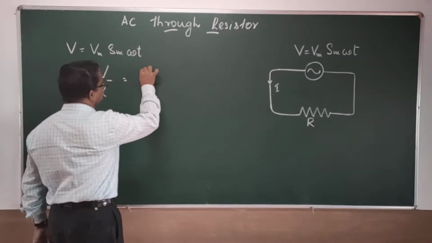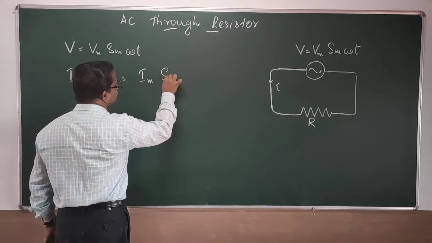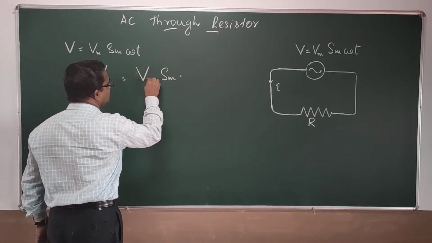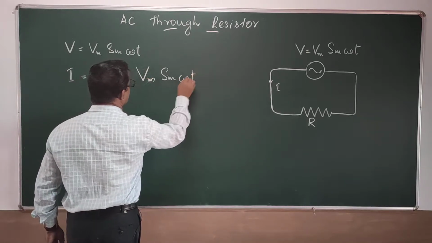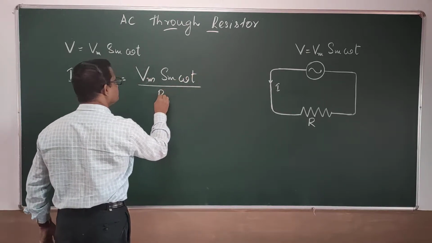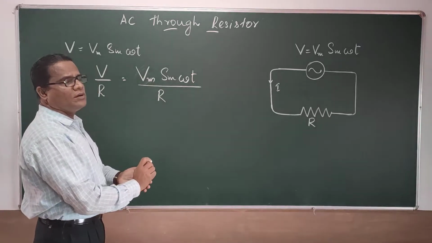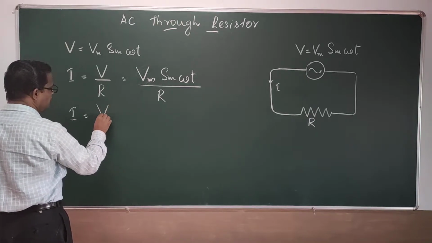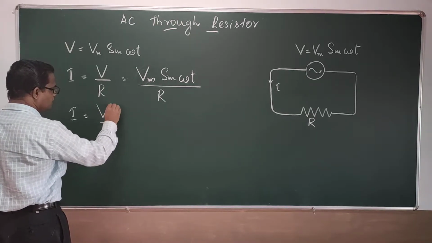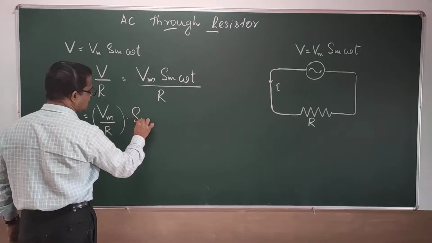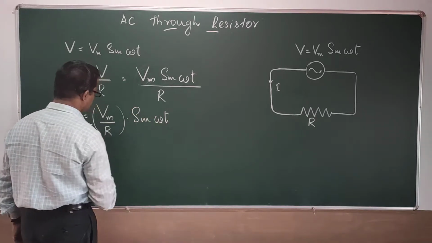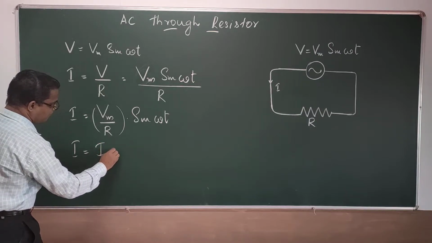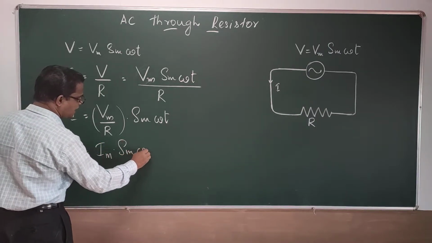Therefore, this is equal to Vm sin omega t divided by R. Now this can be written as I equal to Vm by R into sin omega t, or I can take this as I equal to Im sin omega t.